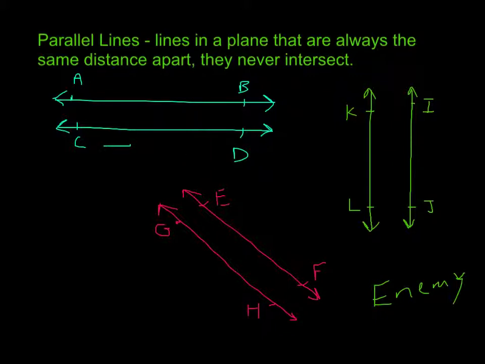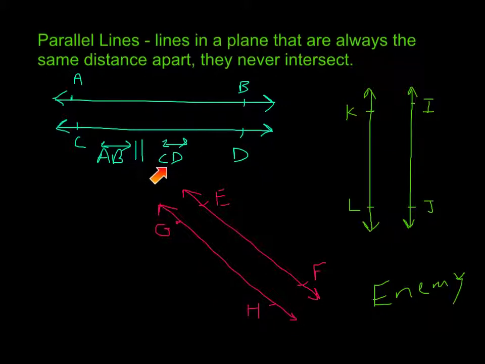I'm going to put line AB, which I have to put my little line signs on, and line CD are parallel. And our parallel sign looks like an L, or two L's. So as you can see here, we have line AB is parallel to line CD.